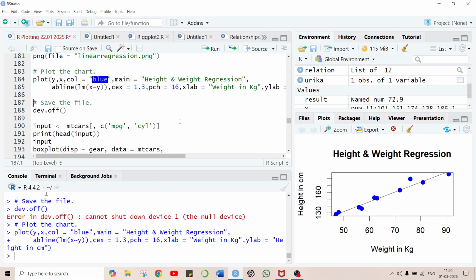Similarly, if someone has given you some data points on rate of interest, you will put it in one vector x and yield in y and you can plot it. Just change the values and change the nomenclature. In the X axis you can say yield, in the y axis you can say rate of interest. So in a simple way you can create the regression line for yield and interest. This is an example for height and weight because it is easily understandable.